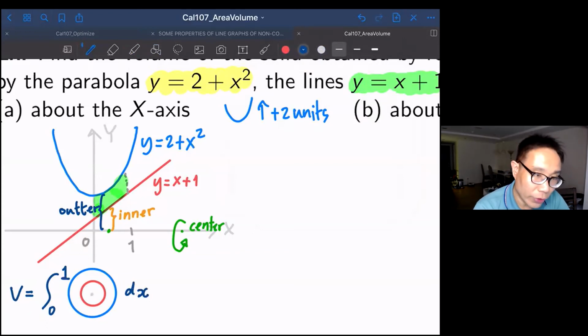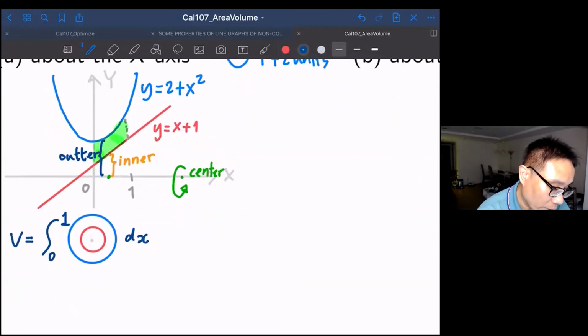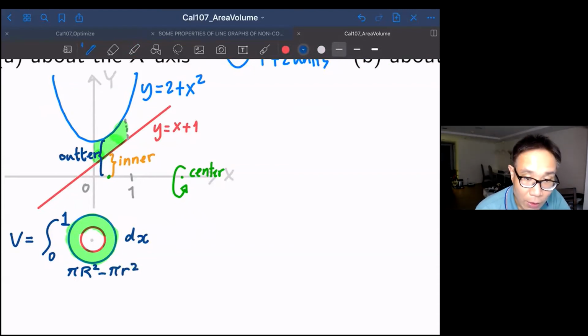So you integrate from 0 to 1 of this donut. Where is the green one? The green one is here. When you rotate, the path turns out to be this. So in this case, it's pi capital R squared minus pi small r squared, the area of the washer or the donut.